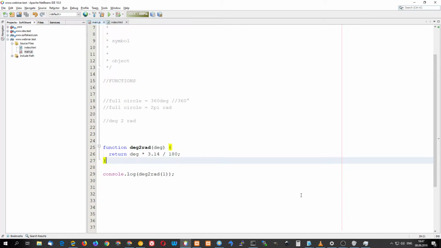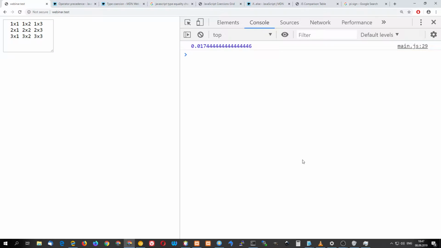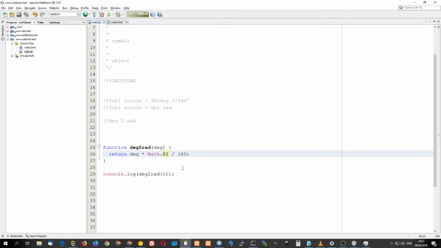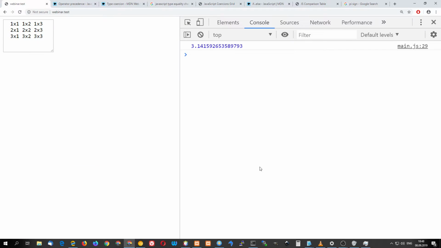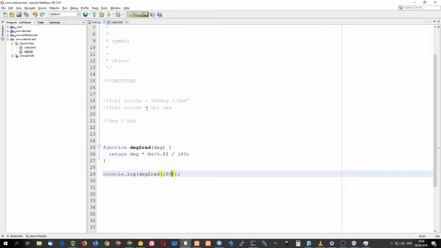There's actually a constant in JavaScript called Math.PI. It's actually pi. So if we convert 180 degrees, it's actually pi, because a full circle is 2 pi, so half of a circle, which is 180 degrees, would be 1 pi.